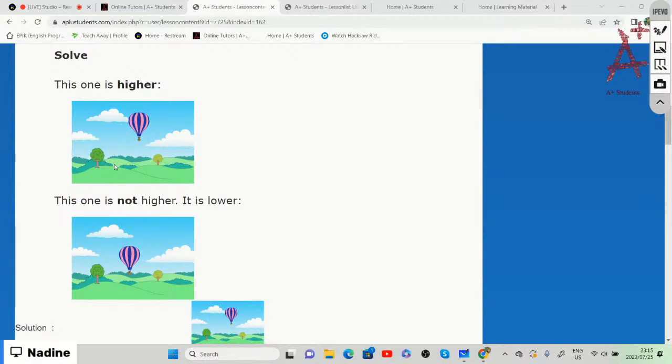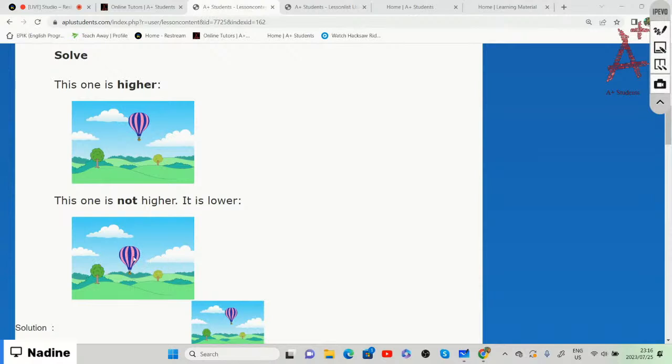If we look at the position of height in the pictures, then we can say the top one, from where you're standing, is literally in the sky. You can see it as high as the clouds.